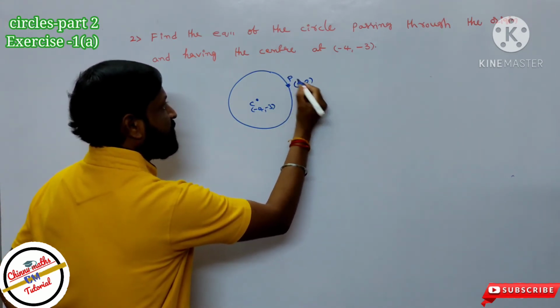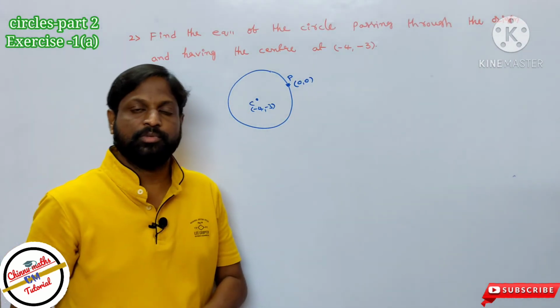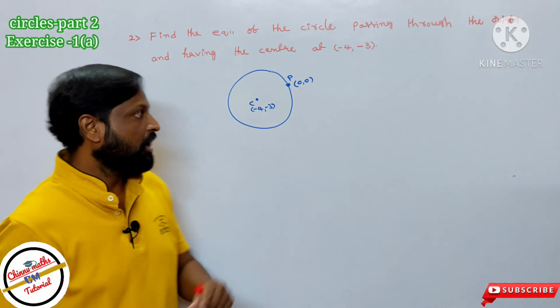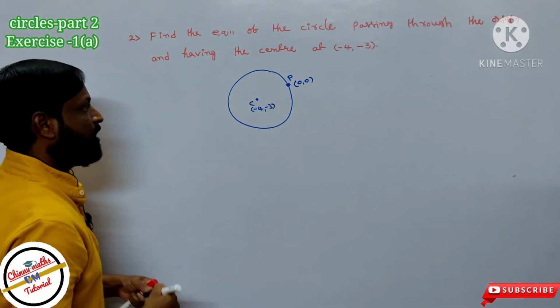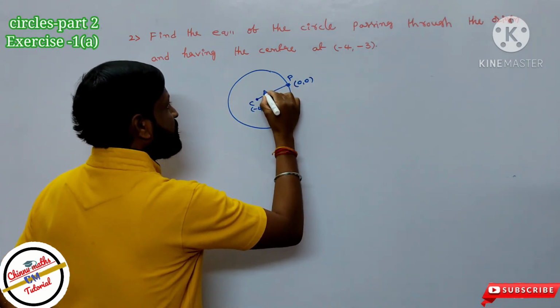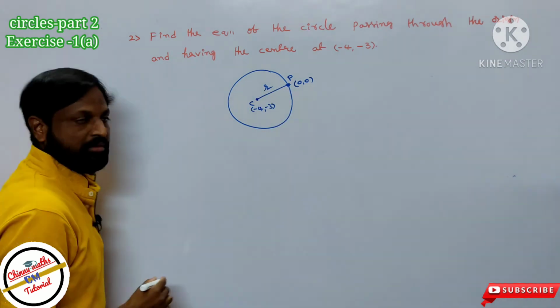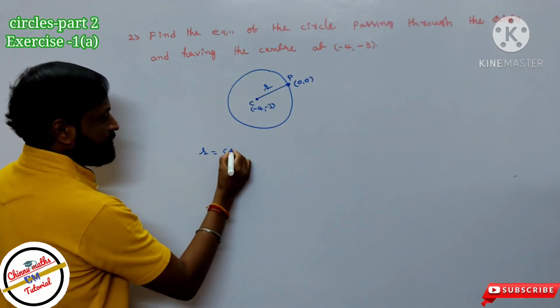I will take this as the point P. Already we discussed, to write the equation of the circle you must know the center and radius. The center is given, so you just have to find the radius. How can you find the radius? You join the center and the point P. So CP is nothing but r. According to the diagram, radius r equals CP.